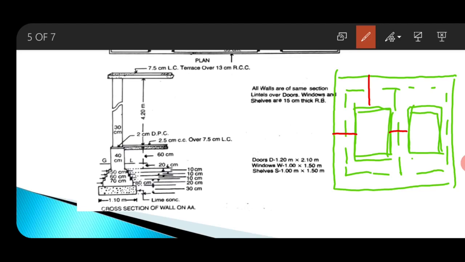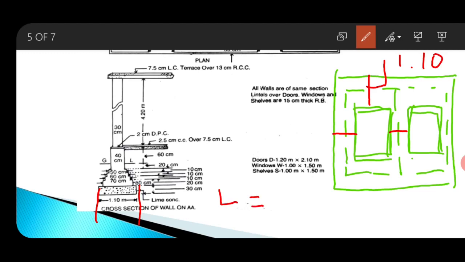This will be equal to the width of the cement concrete work, that is 1.10, because the width of excavation is same as width of the cement concrete work. So this width in all the side will be 1.10. Okay. So first we will go for the calculation of length for long wall.